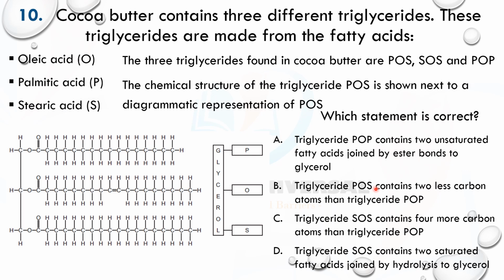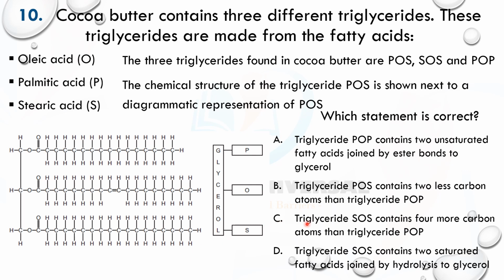So POS will not contain less carbon; it will have more carbon atoms than POP, because if you do POP, P will be here, which is 2 carbon less. So this statement is wrong. POS can never be 2 carbon less. It is POP that is 4 carbon less, because we're having 2 P's, and each P is 2 carbon less.